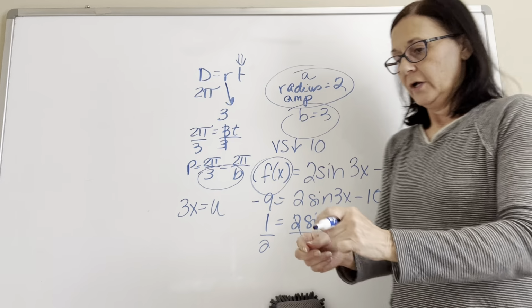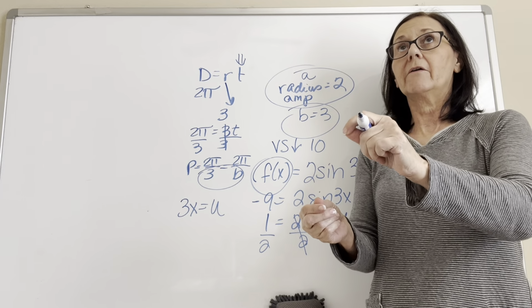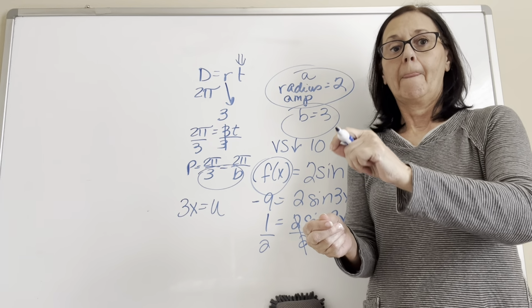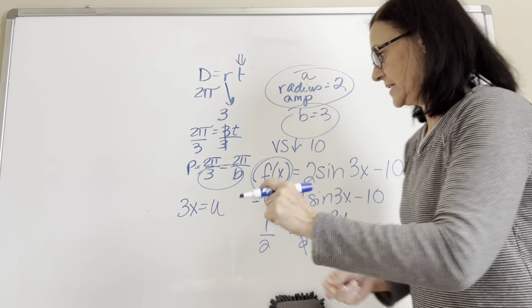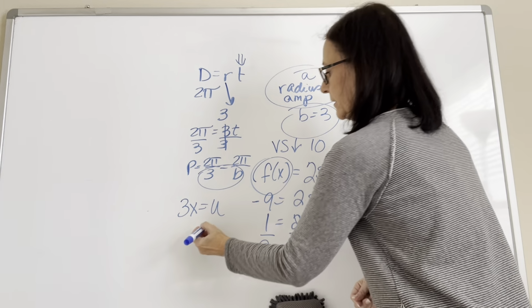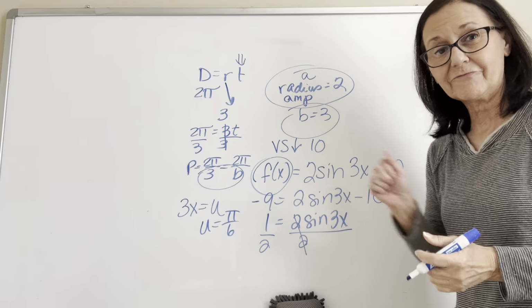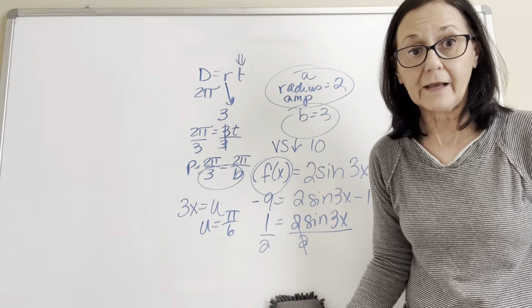Remember, the sine starts at 0 and counts up. So it's that very first radian measure on the unit circle. So it is at pi over 6. So literally, u is pi over 6. That's the first time. Now we can do plus minus 2k pi, right? But we just want the first time.